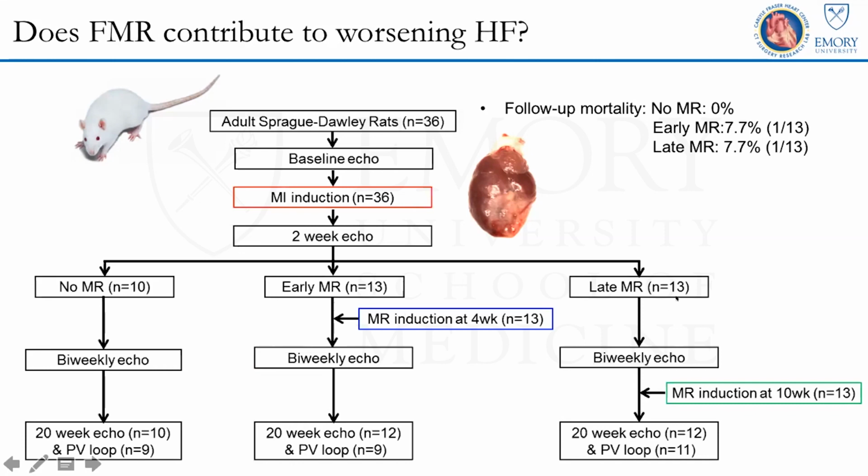In the late MR group, we let them go to 10 weeks and then introduced mitral regurgitation. After inducing MR, we performed biweekly echocardiography in all of these rats until 20 weeks, which is equivalent to about 10 human years. We performed invasive pressure volume loops and used the hearts explanted from this animal model to understand the biological processes that may be happening.